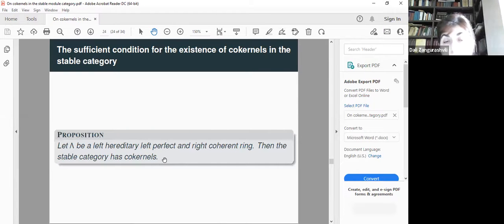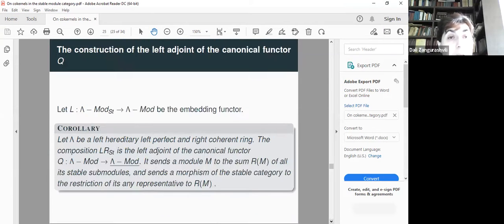This is the one corollary, but as we see, it is only a sufficient condition, and we will talk about when it is also the necessary condition soon. But before that, let me give two more corollaries of the theorem. The first of them gives the construction of the left adjoint of the canonical functor. So the statement is the following: let lambda be a left hereditary, left perfect, and right coherent ring.